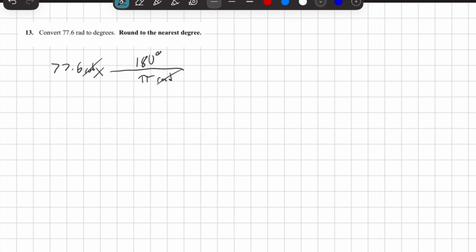So you're going to divide your 77.6 by pi, and then you times it by 180. And this is going to give you 4,446 degrees. And it's just 4,446 because you round to the nearest degree. And that's just how you do that.